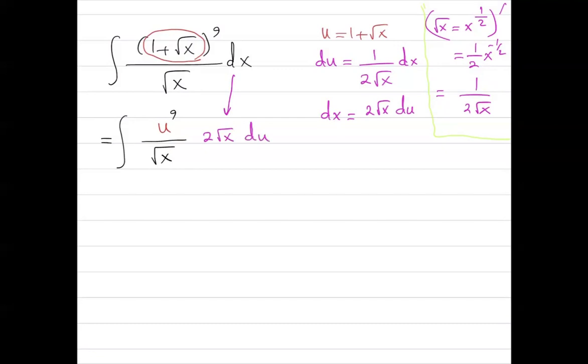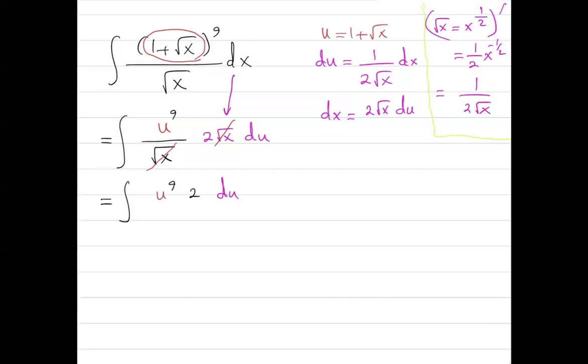And it helps us to get rid of square root of x. We have square root of x on the denominator, square root of x on the numerator. So the integral is u to power 9 times 2 du, which is super easy for us to calculate.